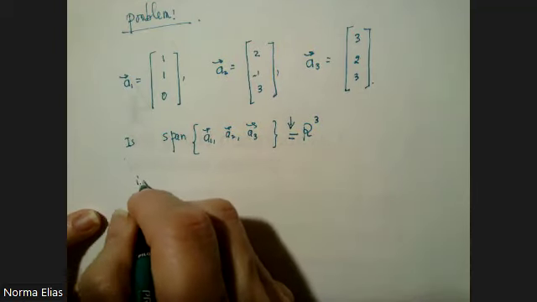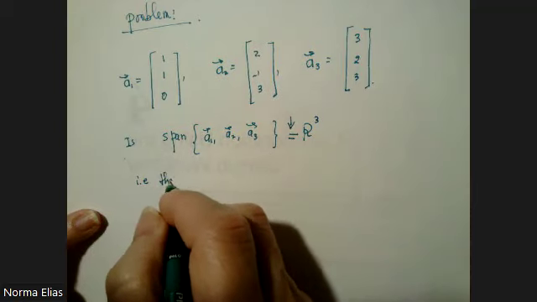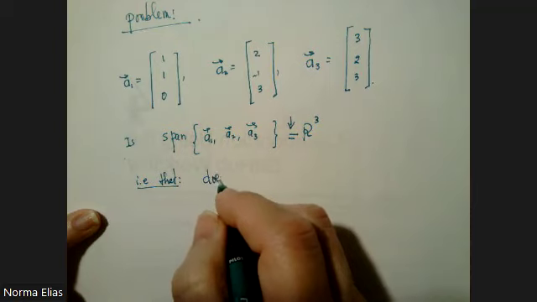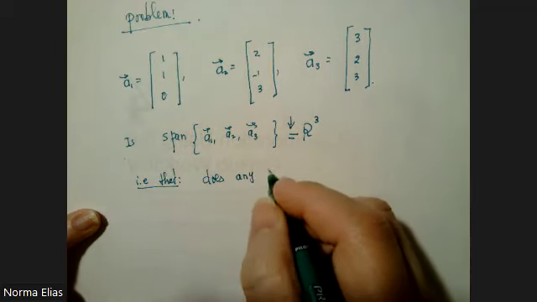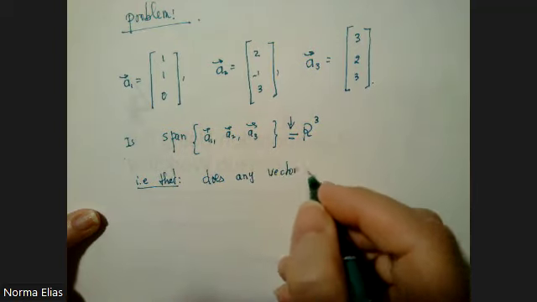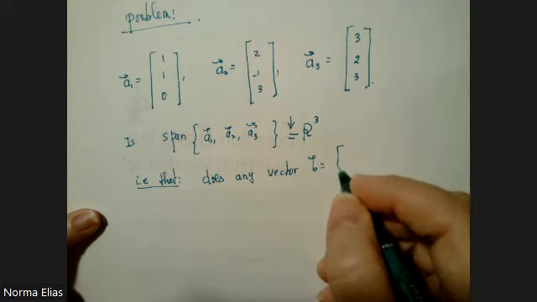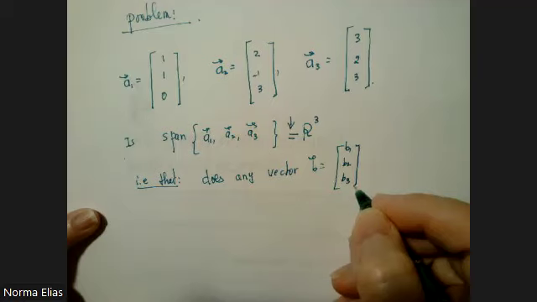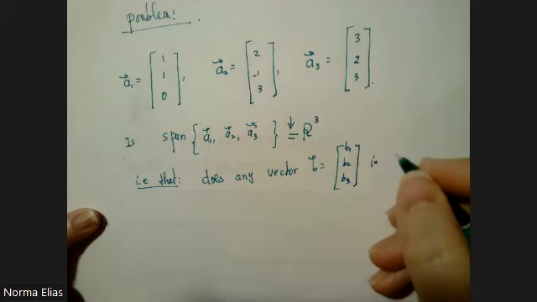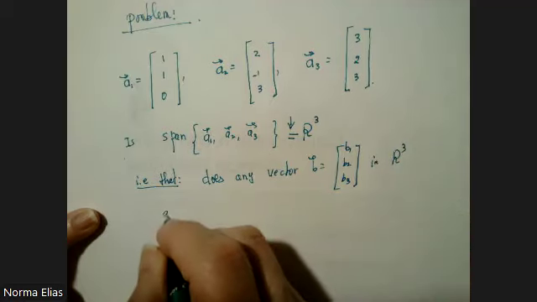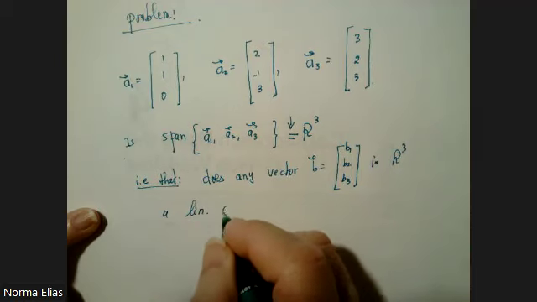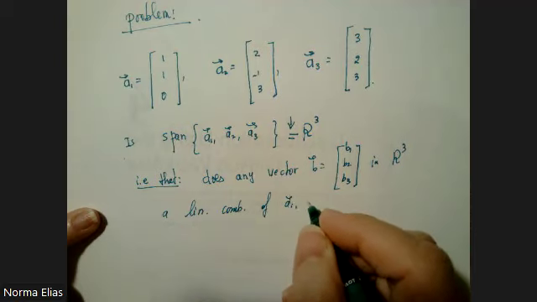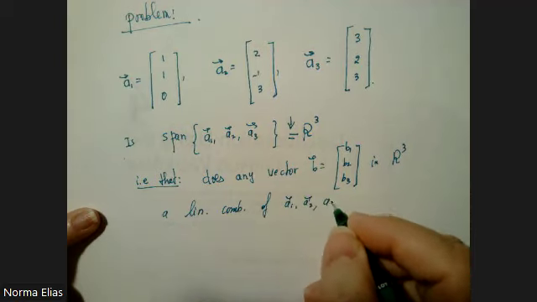What does this mean? Equal R3, so this is all the linear combinations. It means, does any vector B in R3 a linear combination of A1, A2, and A3?